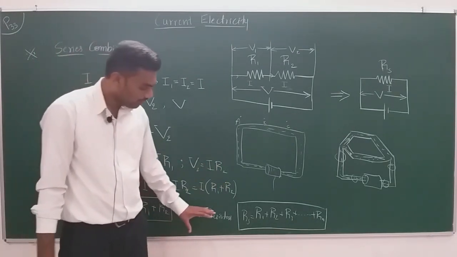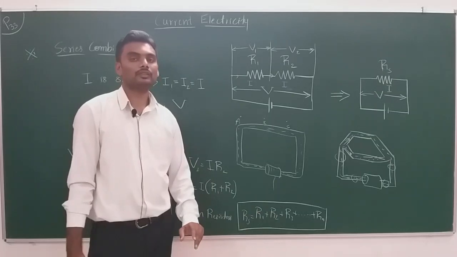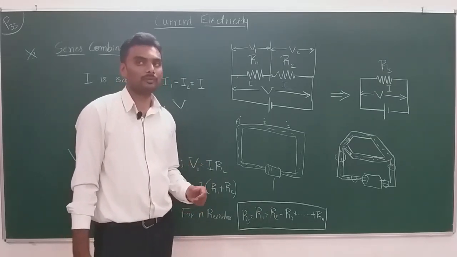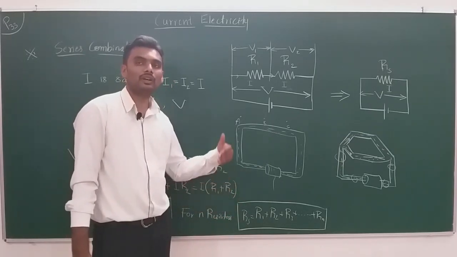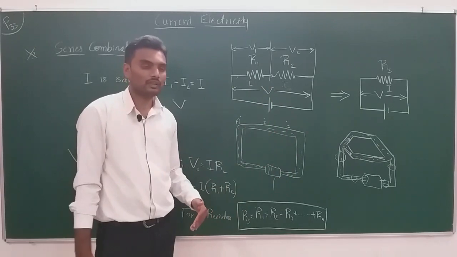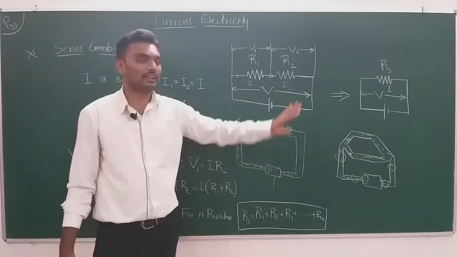Now, if you have all n resistors which have the same resistance, which means R1 is equal to R2 is equal to R3 is equal to so on is equal to R, all the connected resistors are equal.